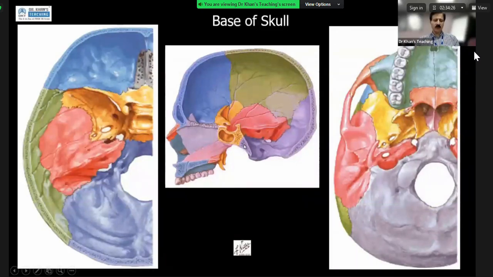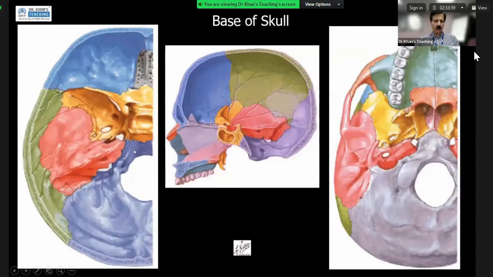Other than that, there is another part here which is known as the jugular tubercle, and we will see it very well on a CT scan, particularly on a coronal. And this is where the 12th nerve goes out, the hypoglossal canal, which is not shown very well here.